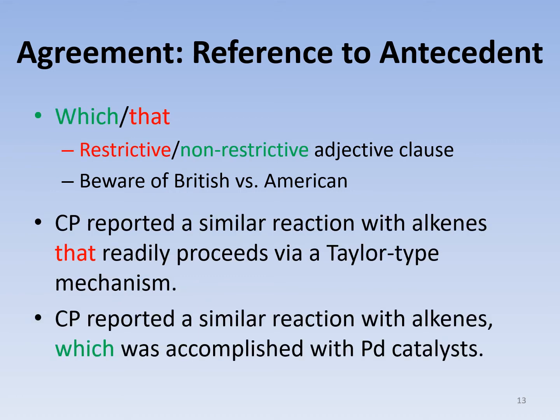For the difference between which and that, there are different conventions for British and American English, and normally the style that I use is that for restrictive clauses, and which for non-restrictive clauses.